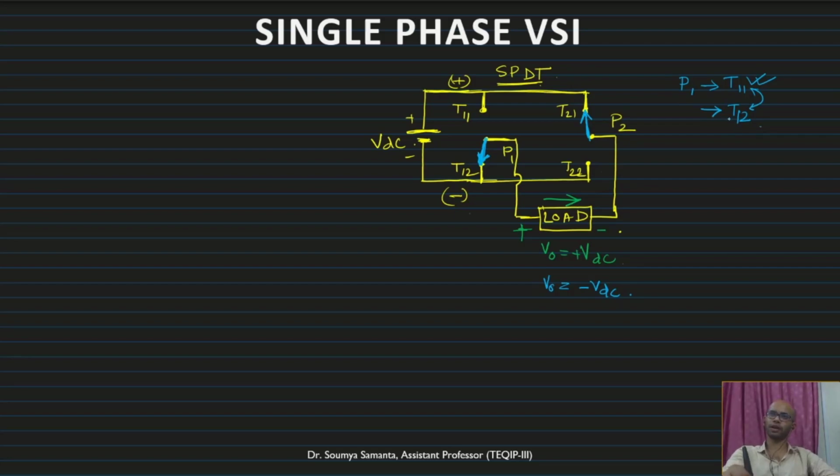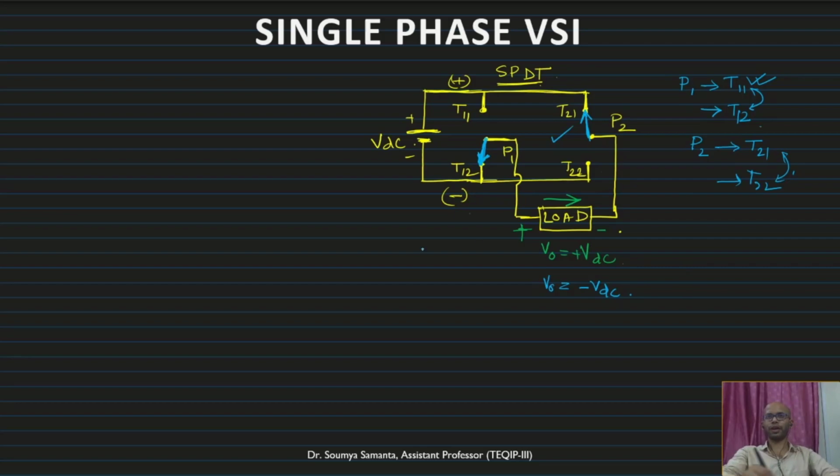If T12 is connected, then T11 will not be connected. So this property is very important. We'll use that one later on. Similarly for this one also, if P2 is connected to T21, then it cannot be connected to T22, and if it is connected to T22, then it cannot be connected to T21. Okay, so this is how it operates.